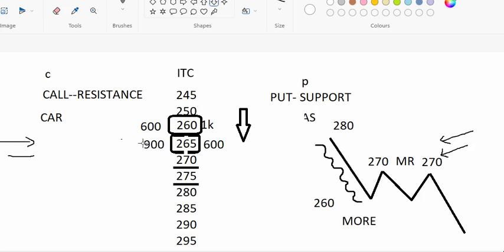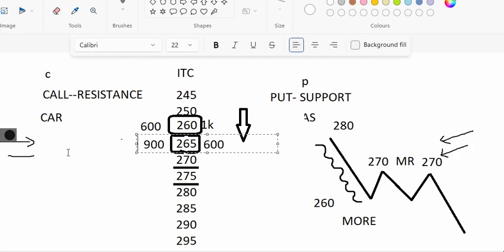The 900 call writers will be acting as a resistor and will not let the price break the 265 range because they are more than 600. That's why they will not let the price go higher. They will say, okay, the price should remain at the same level or below 265 until and unless this amount changes.